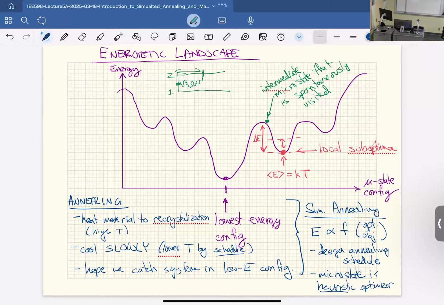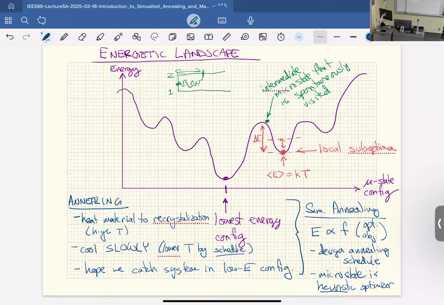So the key thing here is to figure out how to build a probability distribution that does this magic for us, and then how to sample from it. So what is the energy parameterized distribution that moves these microstates around? And when I say microstates here, these are candidate solutions.